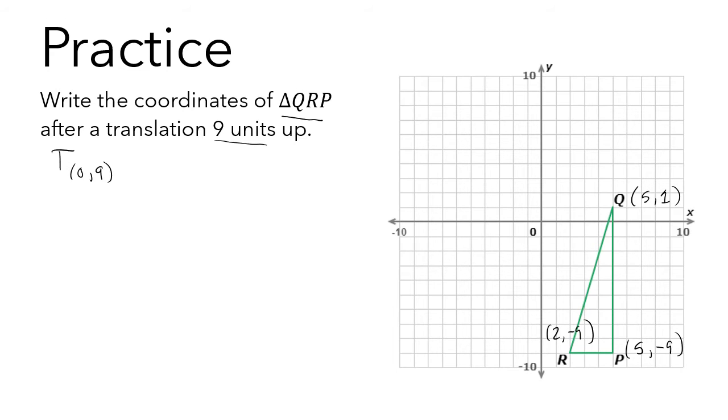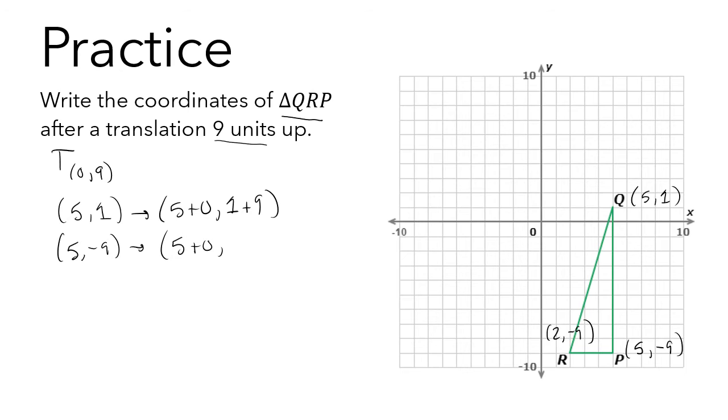So let's do the translation on each of these. My first one, (5, 1), is going to go to (5 + 0, 1 + 9). The next one is (5, -9). That will go to (5 + 0, -9 + 9).